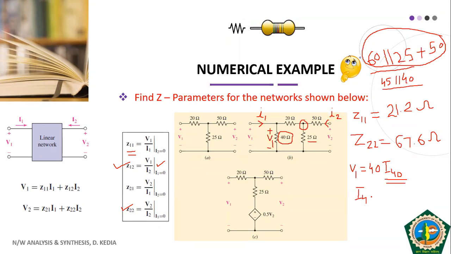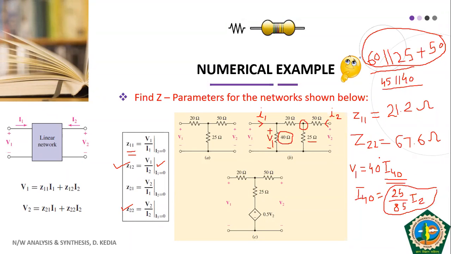You apply the current divider rule directly: it will be 25 divided by 25 plus 60, that is 85, multiplied with your I2. So your I40 is this one.